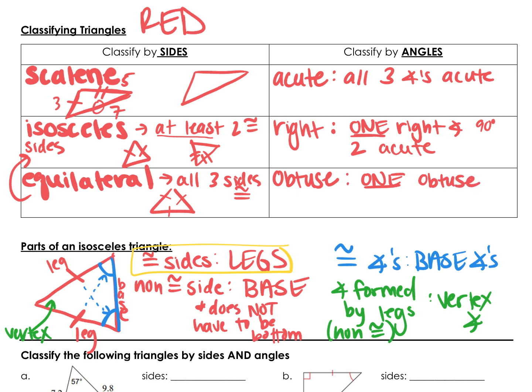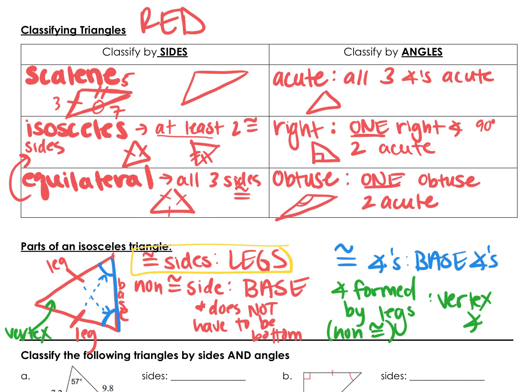The other two must be acute so that you can stay under 180. So acute kind of looks like this. For a right triangle, you would have a little mark there or be told that it's 90 degrees. Then obtuse has that one wide angle and then two acute angles.